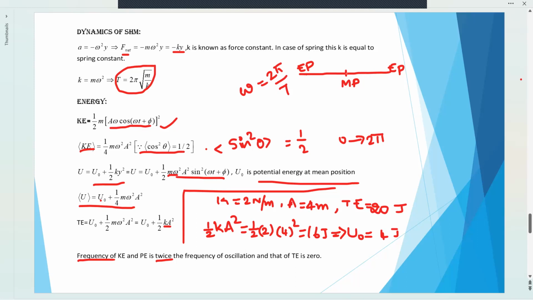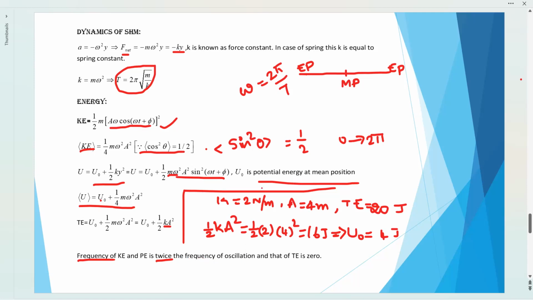Same thing, potential energy becomes two times maximum and two times minimum. That's why the frequencies of kinetic energy and potential energy are twice the frequency of oscillation.